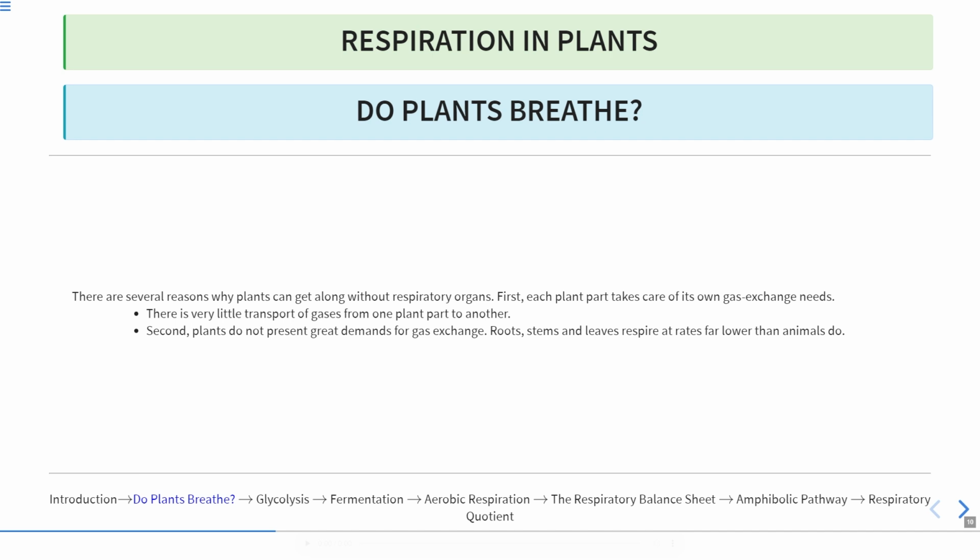First, each plant part takes care of its own gas exchange needs. Every part of the plant can meet its own gaseous exchange needs.